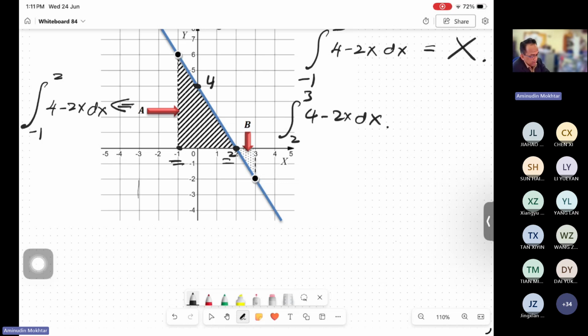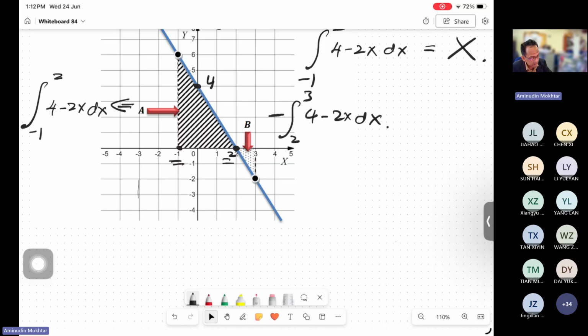But please remember that area B is below the x-axis. That's why we must add a negative in front of the integral, to make sure the answer remains positive.